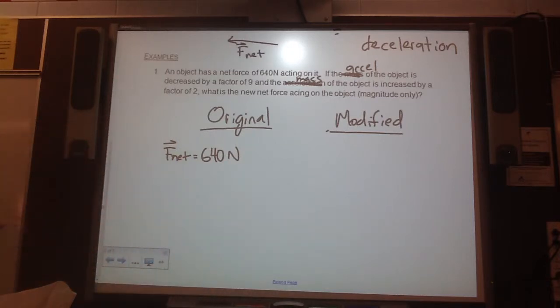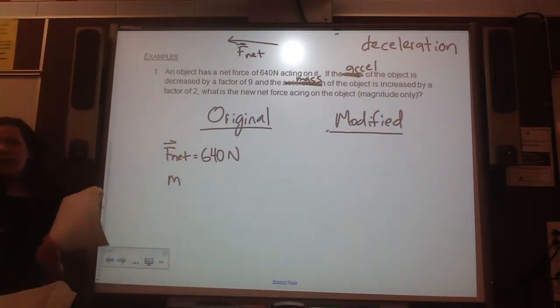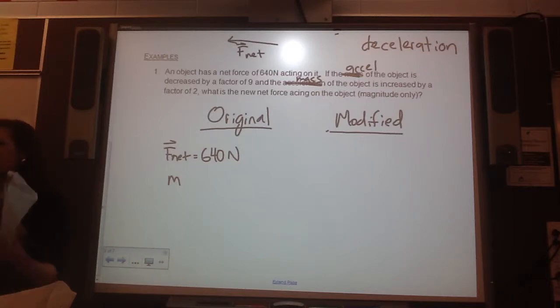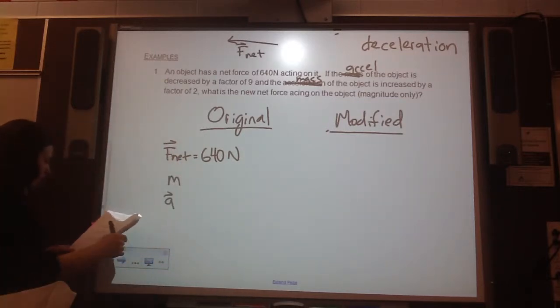I don't know direction in this question, so I don't need to write direction down. My m and a, I'm just going to leave those blank for now.